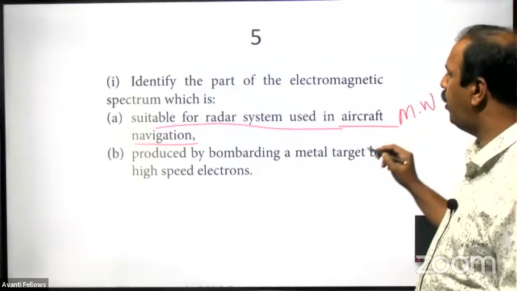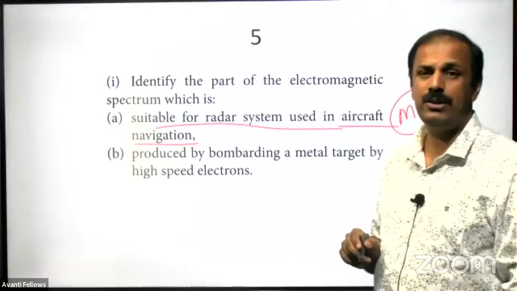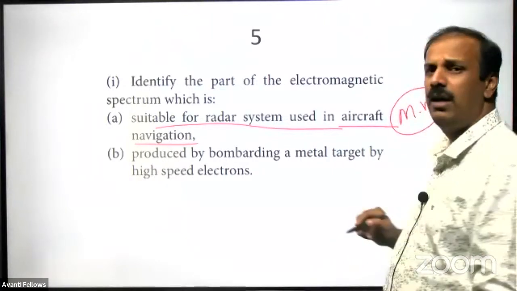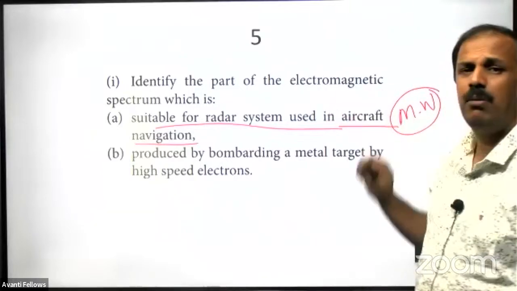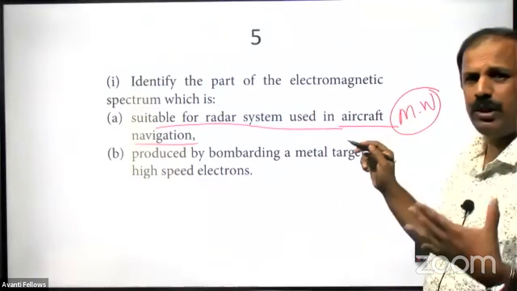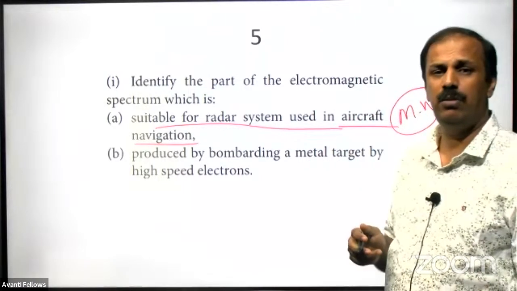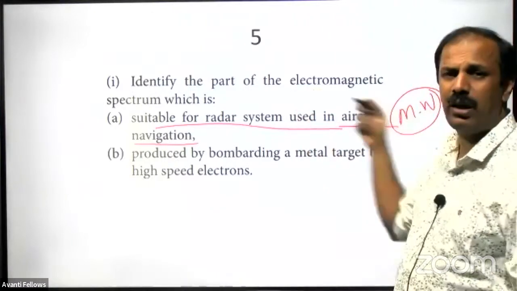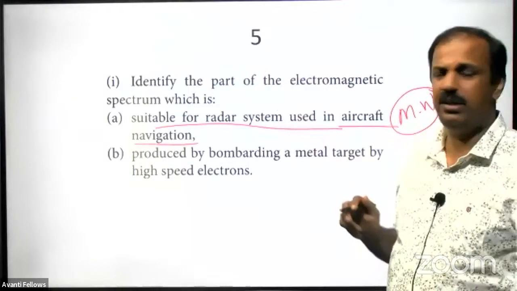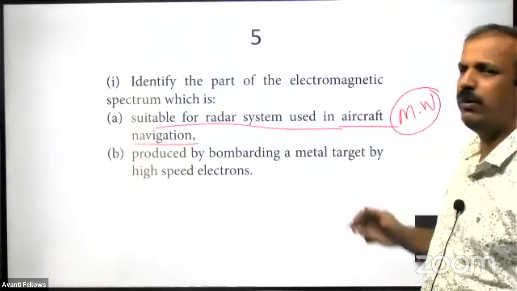Why is microwave suitable compared with other radio waves? Its wavelength is comparatively less than the radio wave, so it will penetrate, even through the cloud. It will go comparatively straight. Like that, some reasons are there why microwave is used. You can think of that comparing with the radio waves.